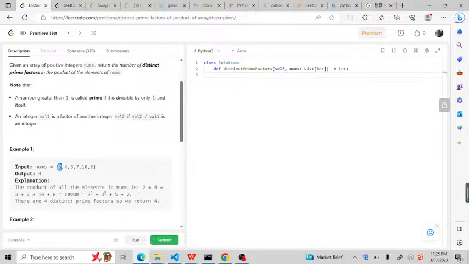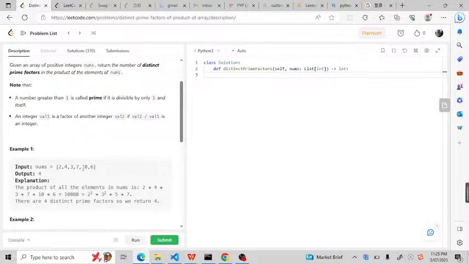For example, from 2, we can find 2 is a prime factor, but when it goes to 4, 4 is not. And when it goes to 3, 3 is a prime factor. For this 4, it equals 2 times 2, so we get a 2, but we've already found a 2.